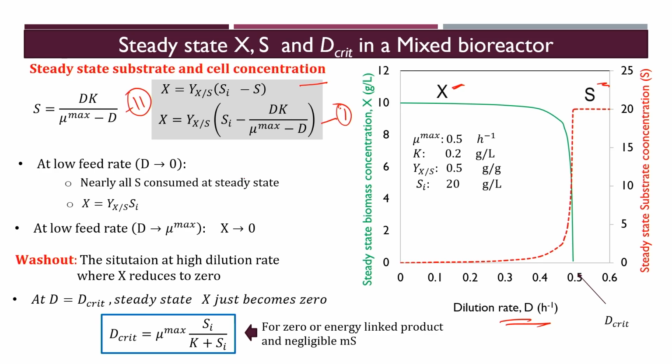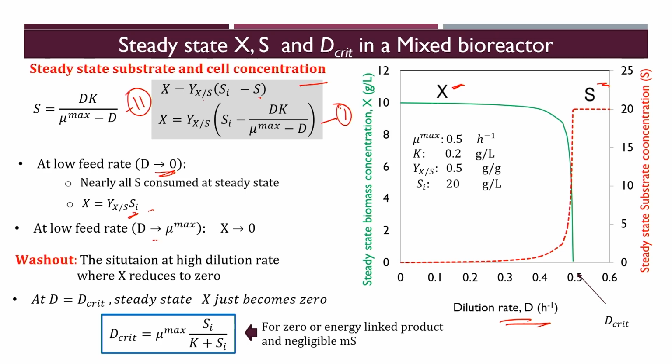As long as D is at a low value, we are seeing nearly constant value of substrate in the bioreactor, and if this is the case, if S is 0, then x becomes also constant. If you put S as 0, x becomes Yxs into Si, just see x is also constant.